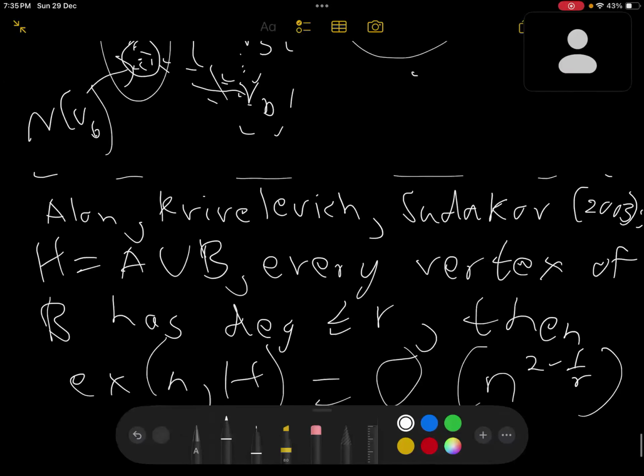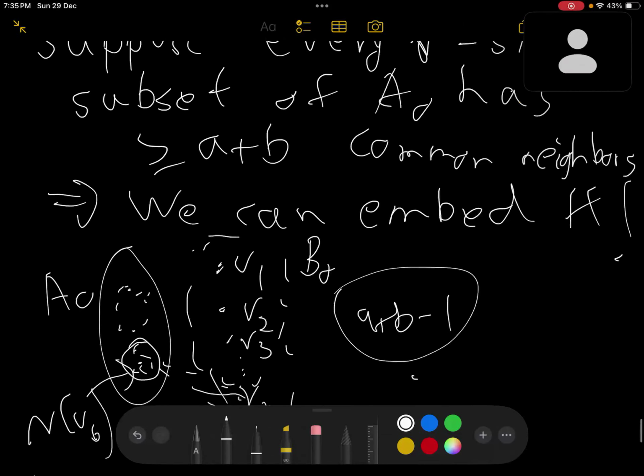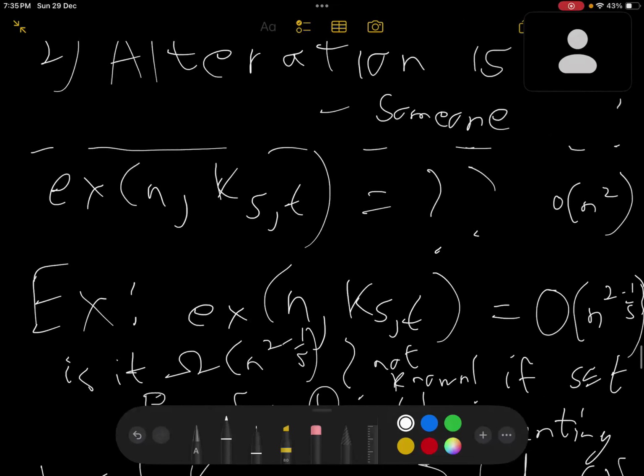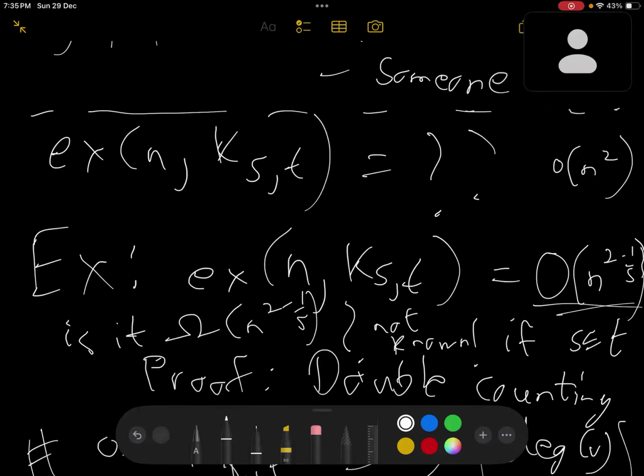And this is a generalization of the bound that we had here. Why? Because in this case, trivially, every vertex in the T size part has degree at most S, because there are only S vertices in the first part.